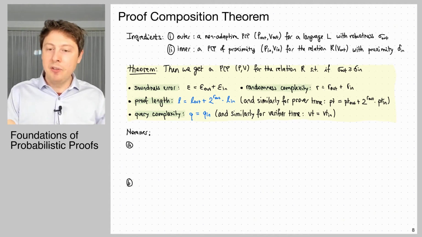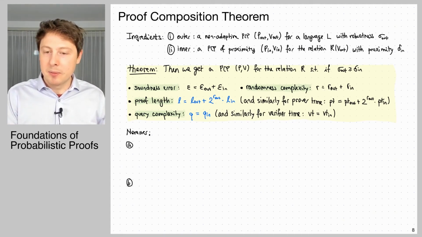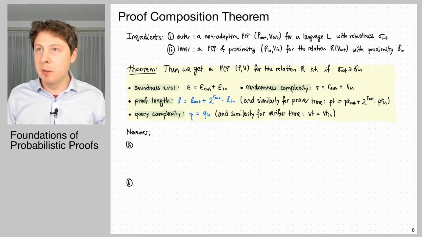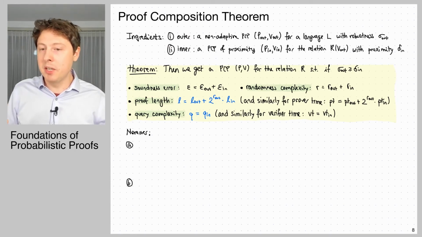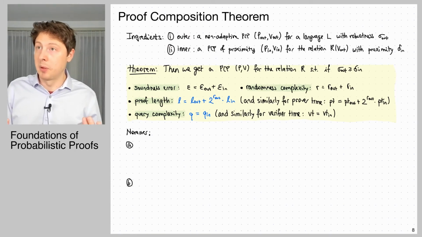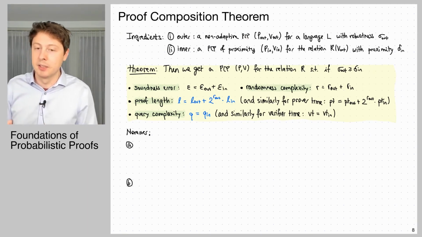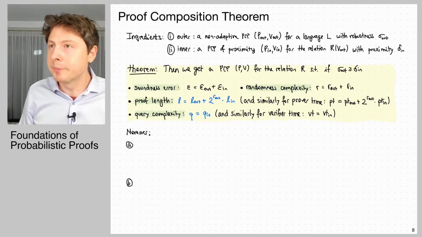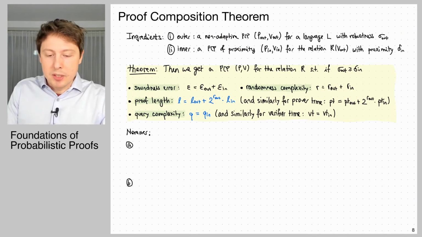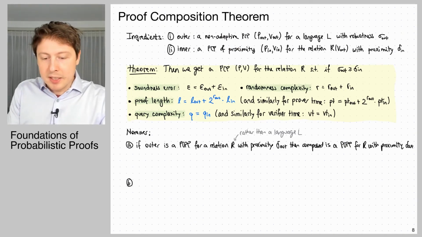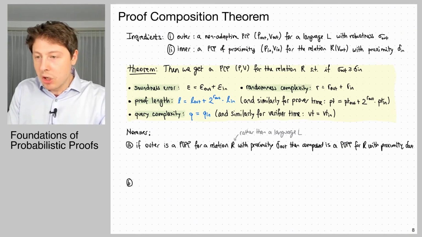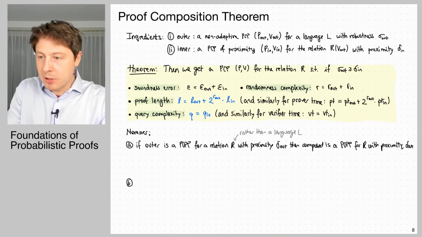So if, for example, after I compose once, I need the whole thing to still be a proof of proximity, I want to make sure that if I started with a proof of proximity rather than a PCP, I don't lose it by composing, okay? Because we'll have to compose again later. Sorry, I meant robustness, right? So let me say it precisely. For the outer, for now all we cared about was for it to be robust.